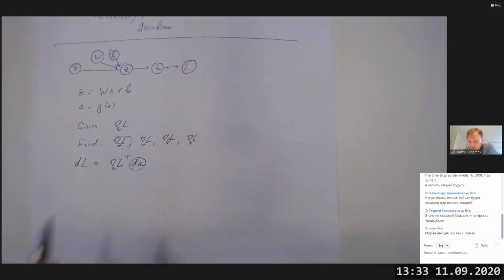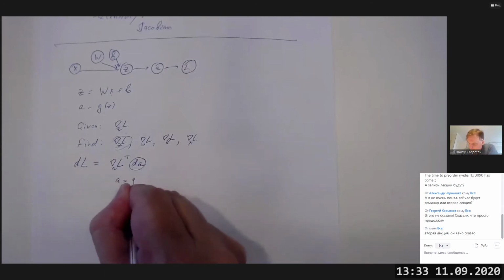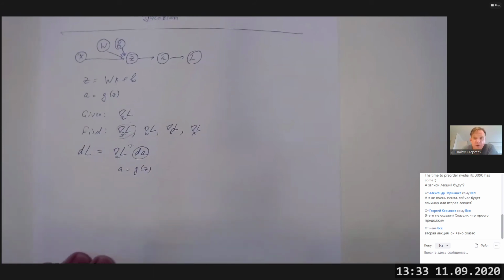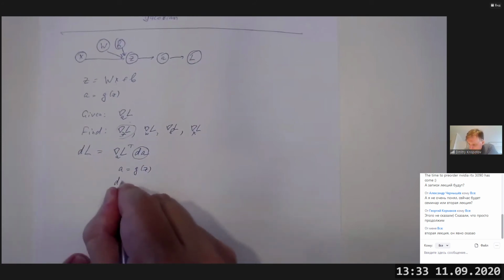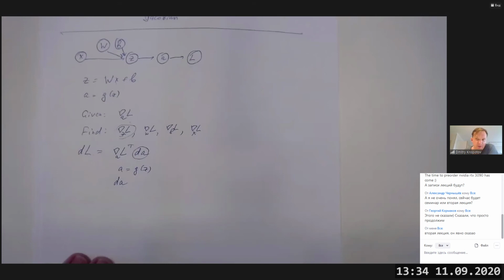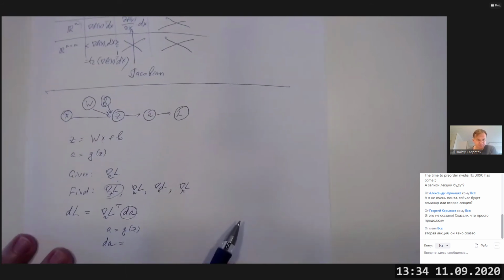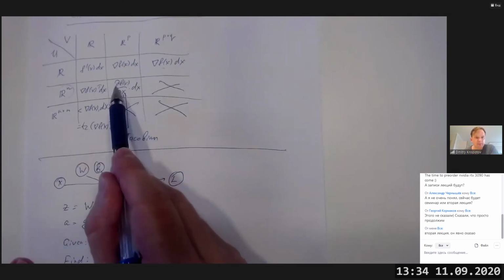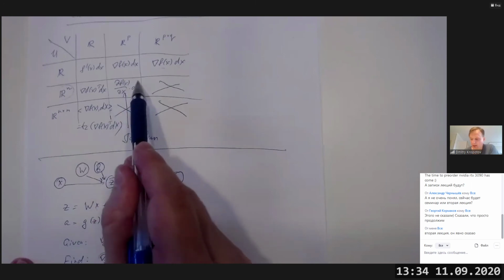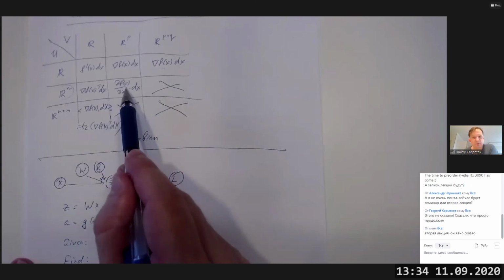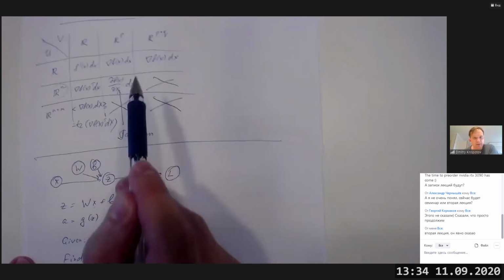Then what is dA? We know that A is g of z. Then we calculate the differential of A. Here z is a vector, A is a vector, so this is a vector-valued vector function. And again, using this table, this is the product of the Jacobian times the increment.